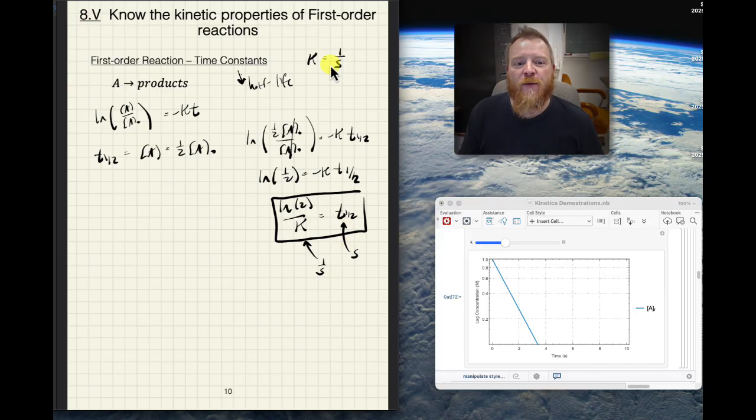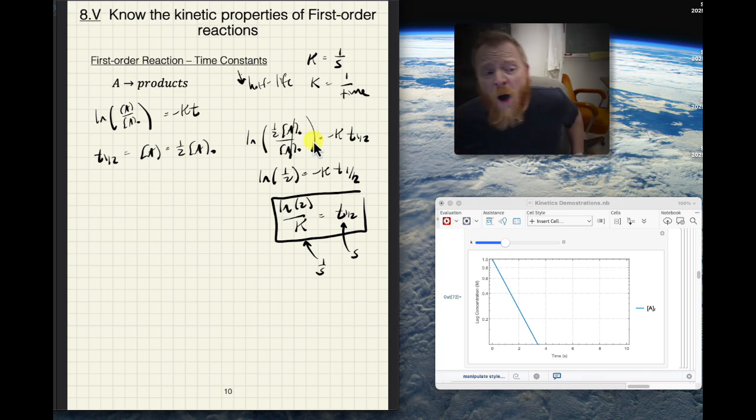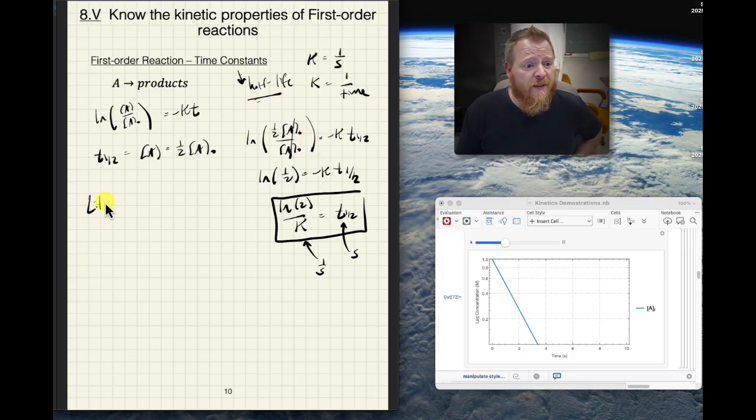Or certainly my rate constant could also be any 1/time unit. So all first order rate constants will always be 1/time. A more useful quantity for us in first order reactions is actually called the lifetime. Okay, so let's get into that.